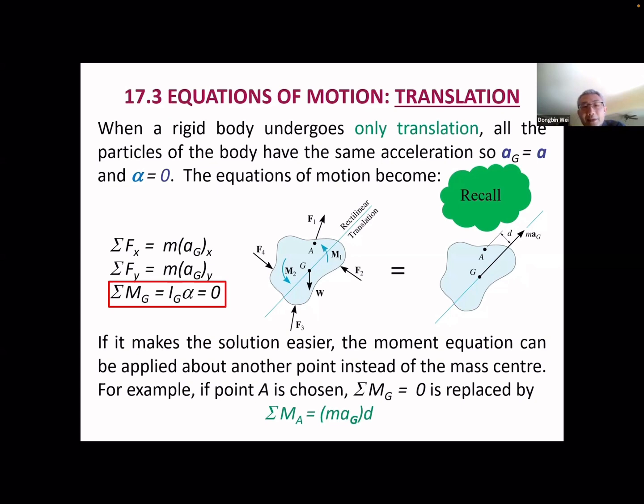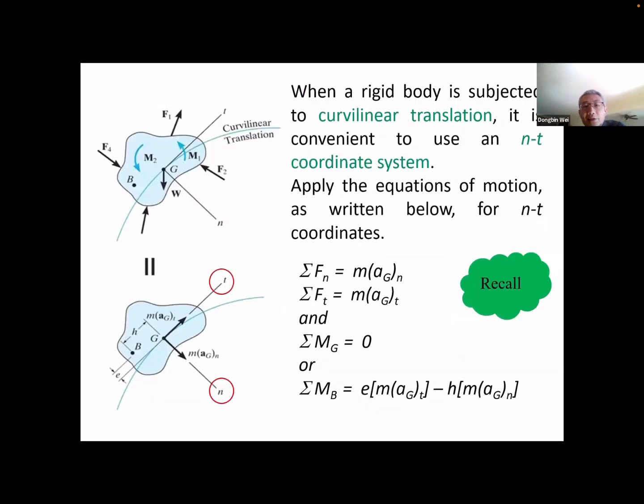Because alpha in translation is always 0. So we studied this last week. And we also mentioned for some problems, for example, for curvilinear translation problems, it may be convenient to use the normal tangent coordinate system like this.